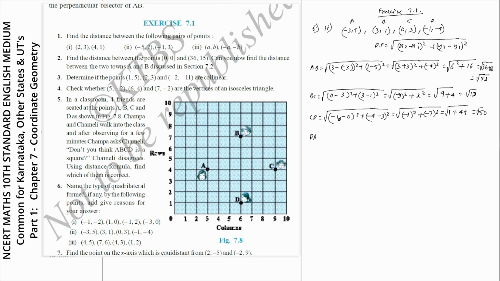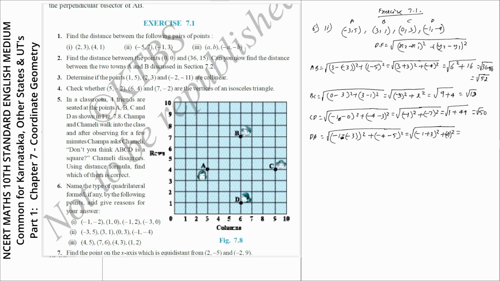What is DA? DA is equal to square root of minus 1 minus of minus 3 the whole square, plus minus 4 minus 5 the whole square. So minus 1 minus of minus 3 is plus 3, minus 1 plus 3 the whole square, so minus 4 minus 5 is minus 9, plus minus 9 the whole square.